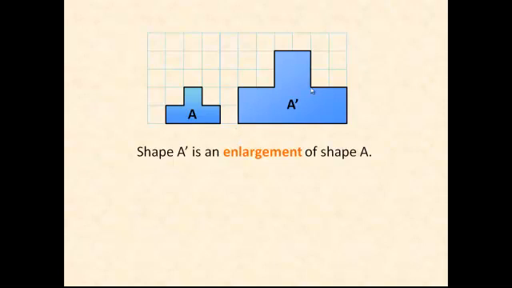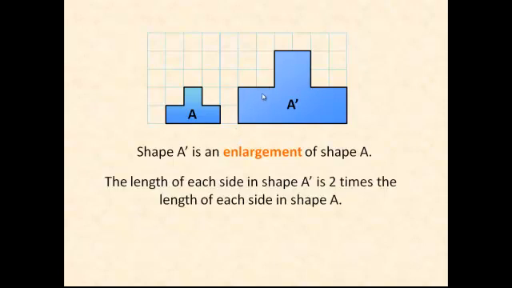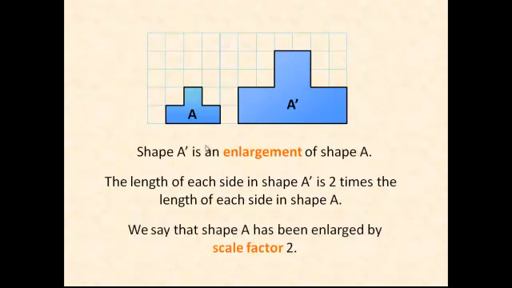So A dash is double of A, or the length of each side in shape A dash is 2 times the length of each side in shape A. That means if I multiply 1 with 2 it will give me 2. If I multiply 1 with 2 it will give me 2 also. If I multiply, for example, also here 1, it will give me 2. So the scale factor is 2.